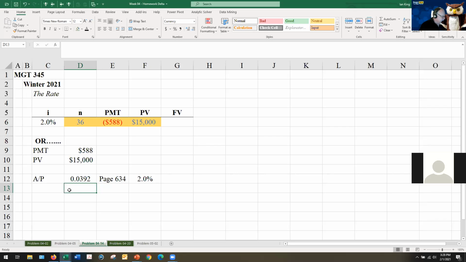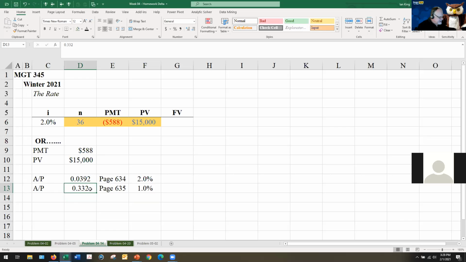All right, cool. I'm going to say 1%, pay 635 at 36. The A/P on the page is 0.0332. Now, double check I got the right number.